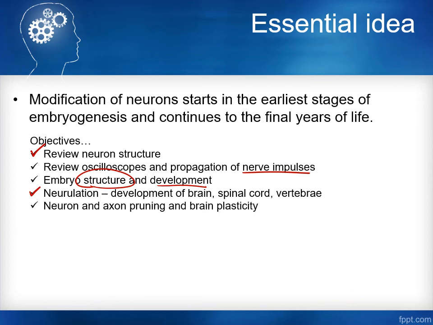Neurulation is the formation of nerve cells when we differentiate from stem cells to nerve cells, and that's going to lead to brain, spinal cord, and then of course vertebrae. And if the vertebrae are not developing properly, spina bifida is a potential disorder that could result if the vertebrae are not growing appropriately.